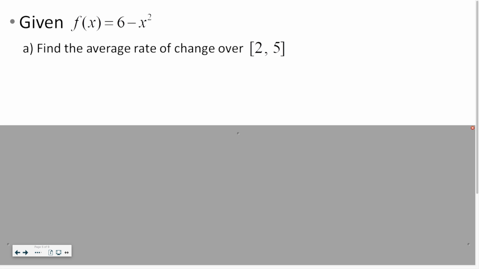Well, if we're going to find the slope between 2 points, what do we need? You need your 2 points. We have the x values, but we don't have our y values. So we need to figure out what f of 2 is, and we need to figure out what f of 5 is. Okay. What's f of 2? What's f of 5? Negative 19. We have 6 minus 25.